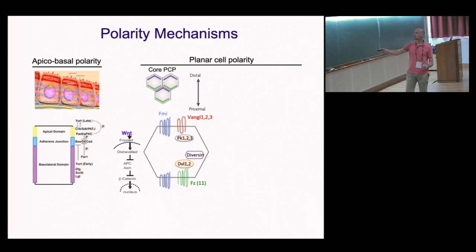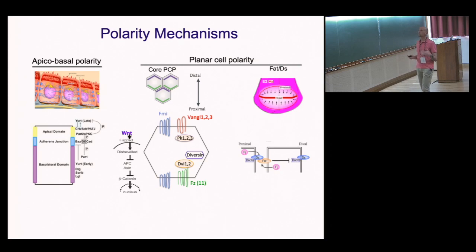And then, this classical core or core PCP mechanism is not the only one that can generate planar cell polarization in the tissue. But a second pathway that is actually quite well studied is the so-called Fat-Dachsous pathway that is also operational in the fly wing and mediates mainly the radial polarization of the disc from the outside in.